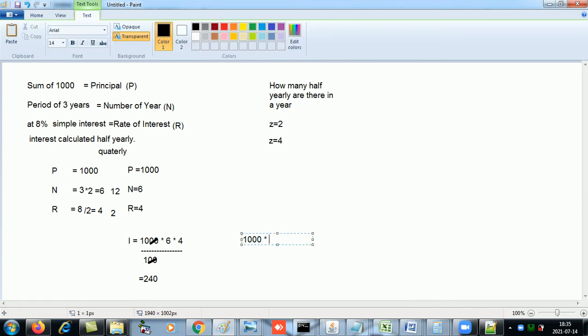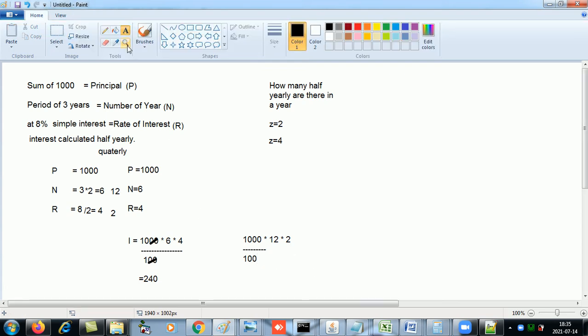1000 into 12 into 2 divided by 100. The two zeros cancel. 10 into 12 is 120, and 120 into 2 is 240.